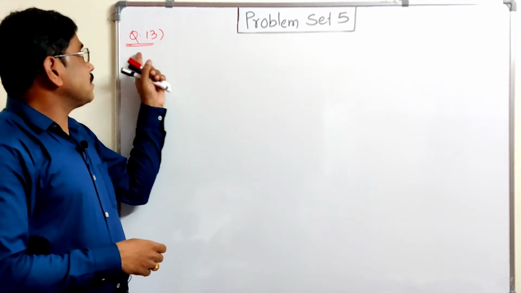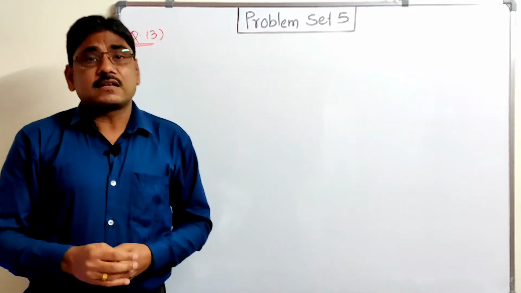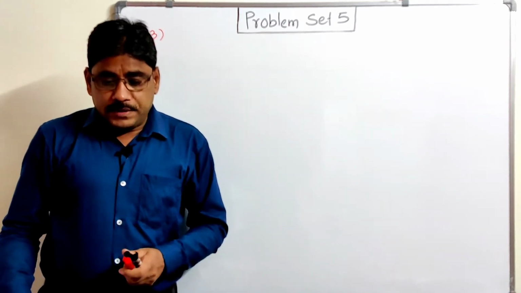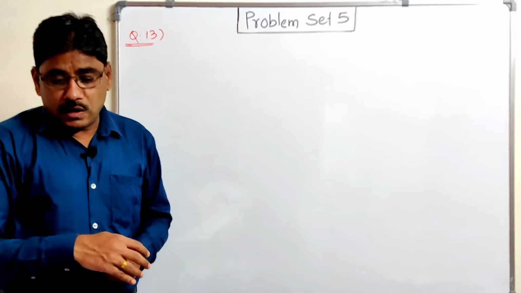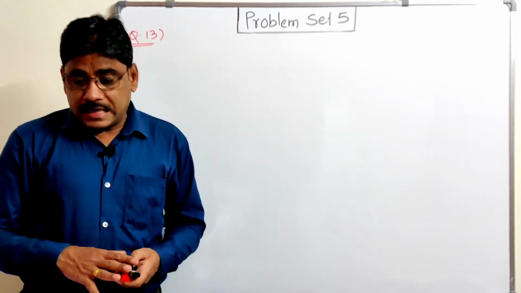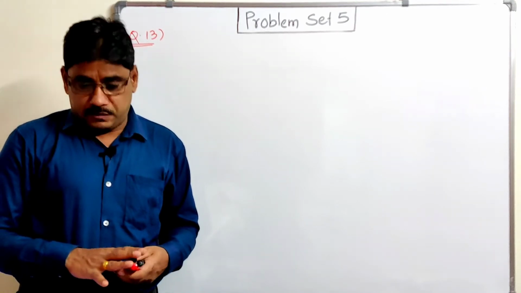Now let us see question number 13 from problem set 5. What is that question? Read. Each card bears one letter from the word mathematics. The cards are placed on a table upside down.